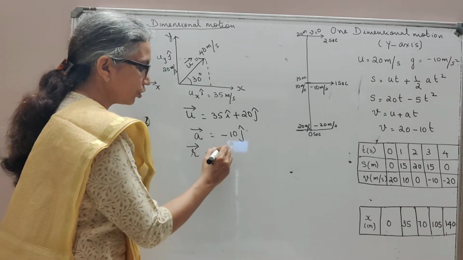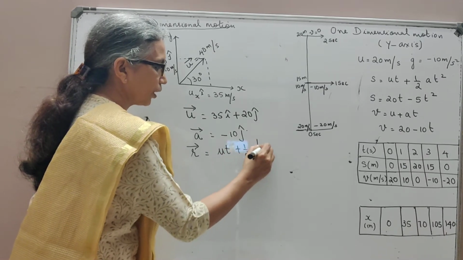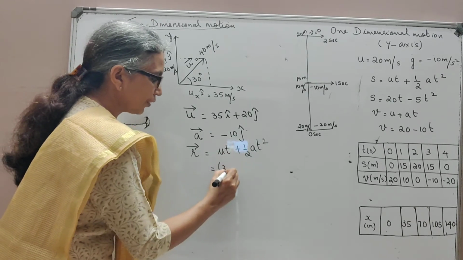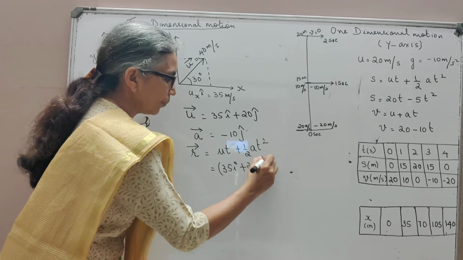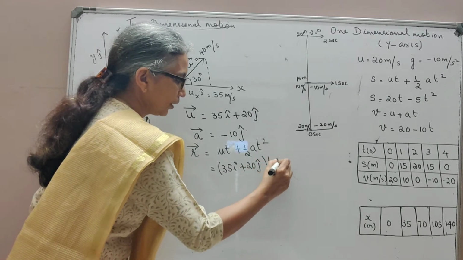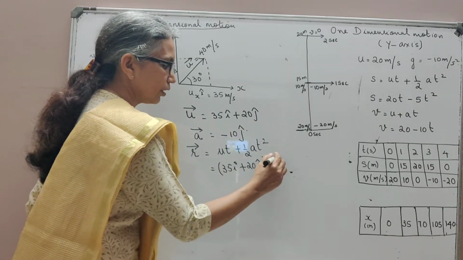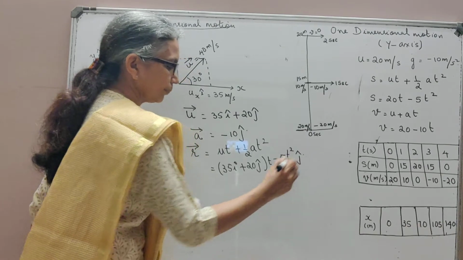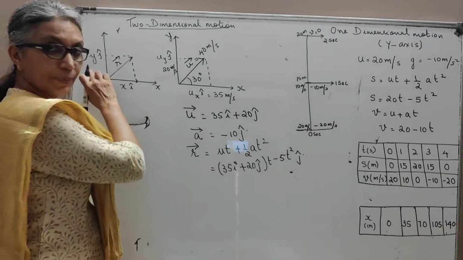So here I'm going to use the formula ut plus half at square. So we now have u is 35 i cap plus 20 j cap, into t, plus half into a. Half into minus 10 would be minus 5. So that will be minus 5 t square along j cap. Now vector r, as you know, has two components, x i cap and y j cap.